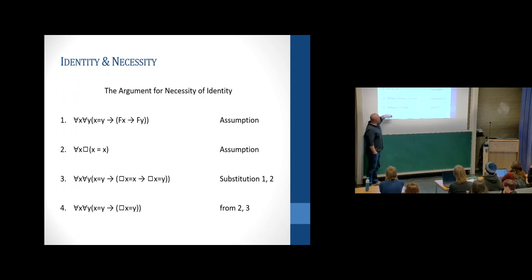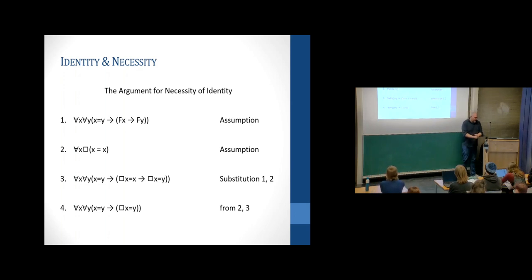For any two objects, if they are in fact identical, then they're necessarily identical. And the big trick is plugging in the property of being necessarily identical to x. That's the F that we can slot in. So again, I don't expect you to necessarily get every single bit of the argument, but to just get a grip on how it goes.